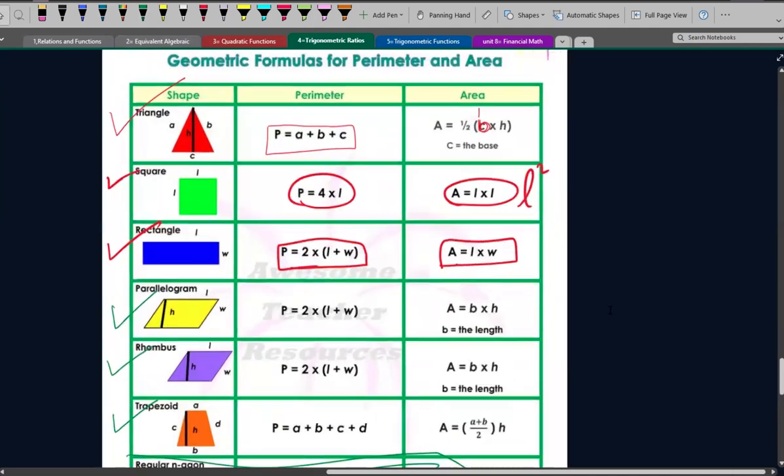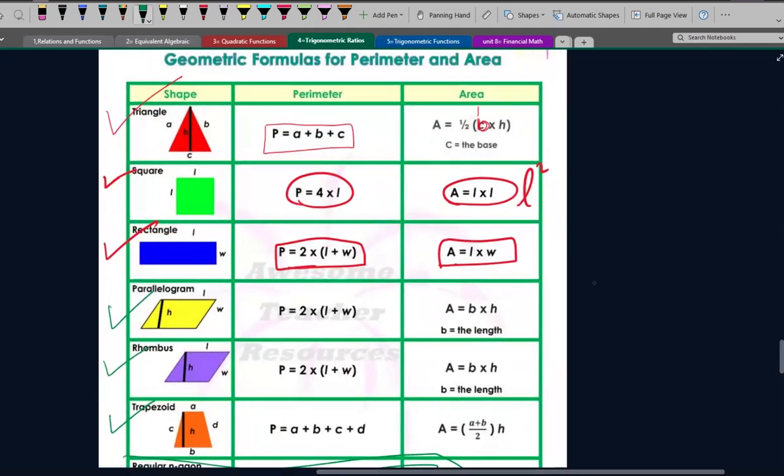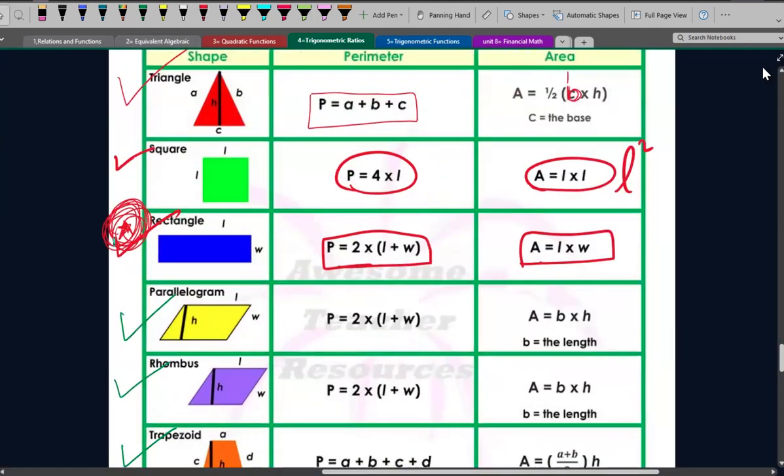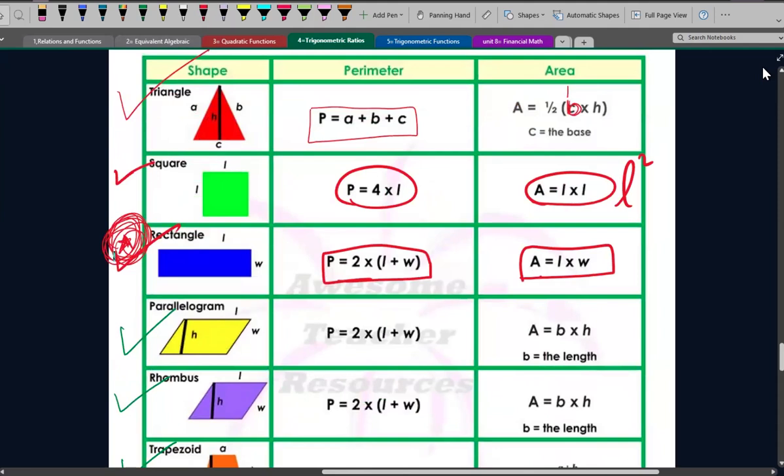The rectangle is the basic of all of them, so I want you not to forget the area and the perimeter of the rectangle at any cost. Then you will be able to deduce all other formulas from the rectangle one.